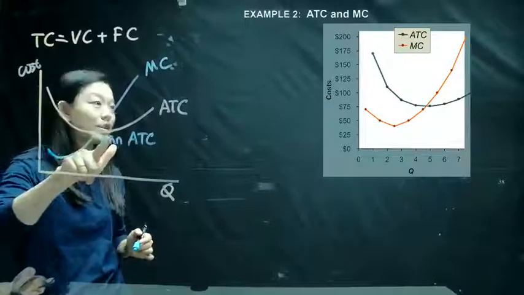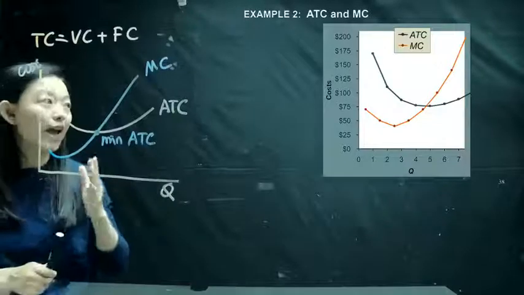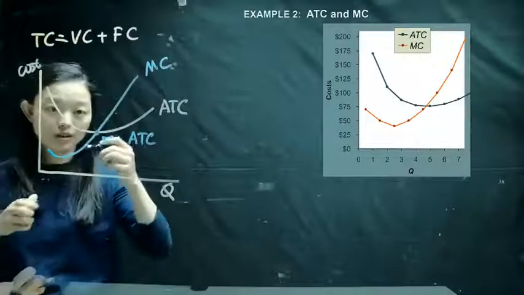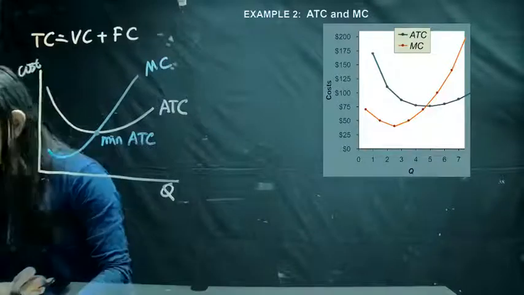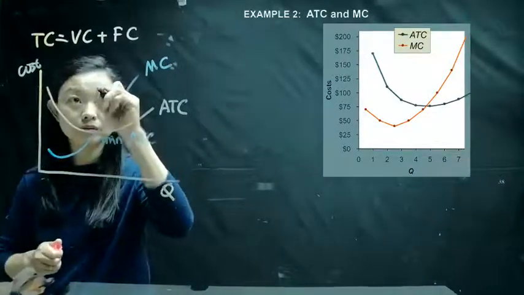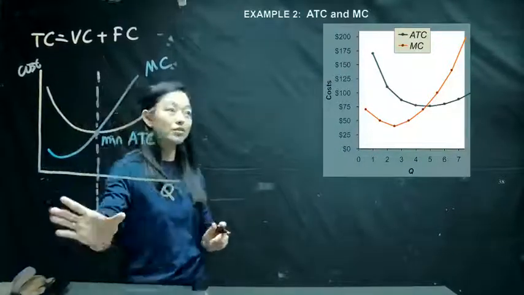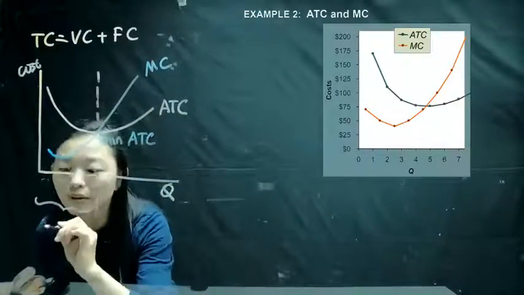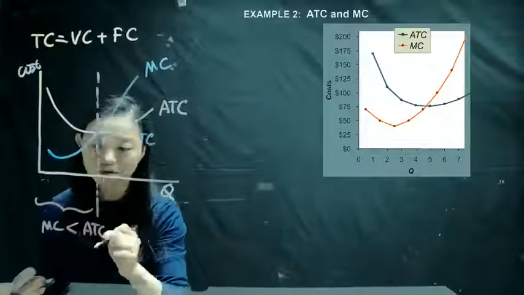The marginal cost curve always intersects at the point with the minimum average total cost. At the beginning, I will divide this graph into two parts. You can see from this part, marginal cost is smaller than average total cost, right?